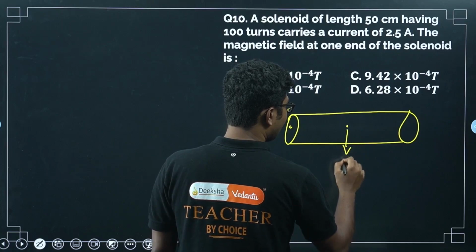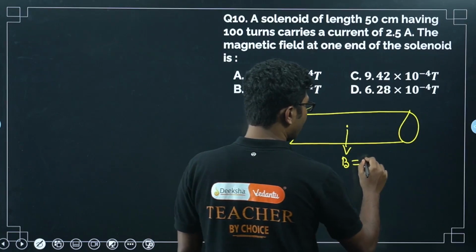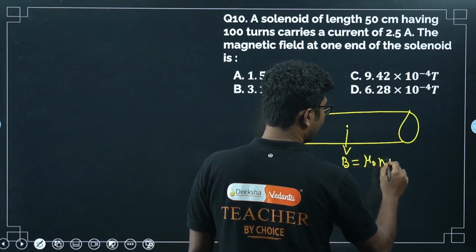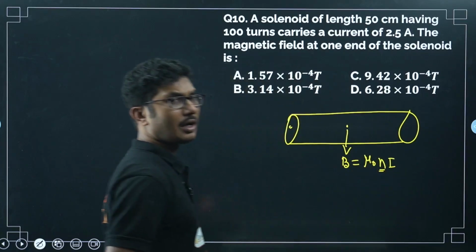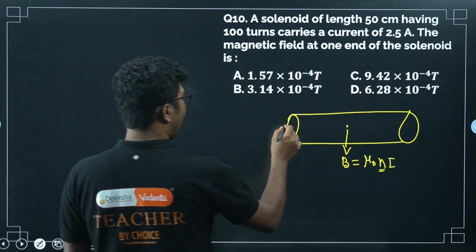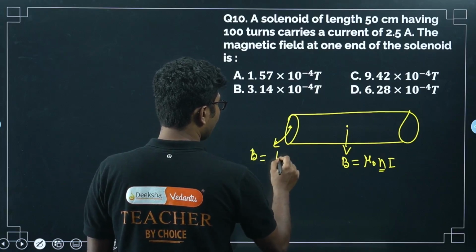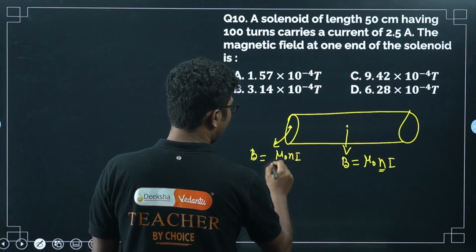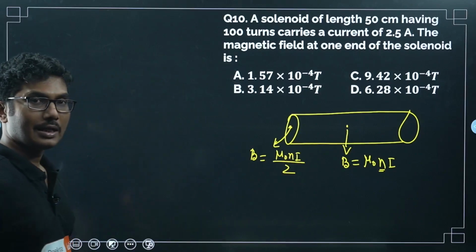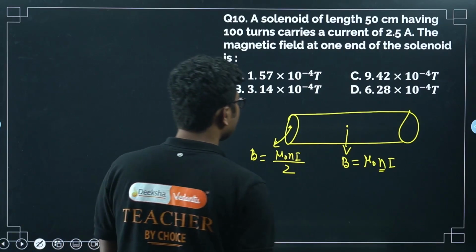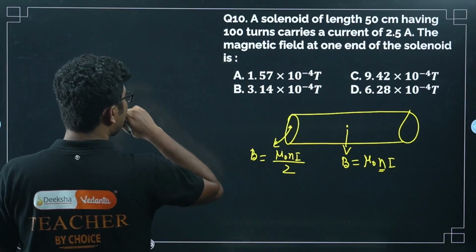At the middle, the magnetic field is given by mu naught n i. Here n is the number of turns per unit length, right? And here at the end the magnetic field will be mu naught n i by 2. I have discussed this in the lecture. If you missed it, please go back and check. I have solved the same problem there as well.